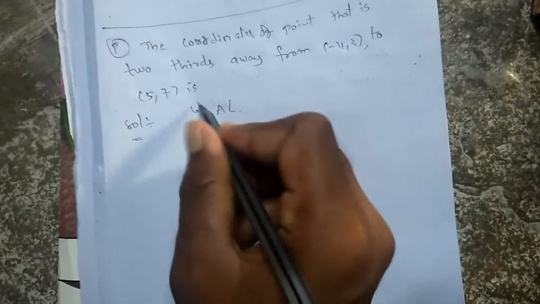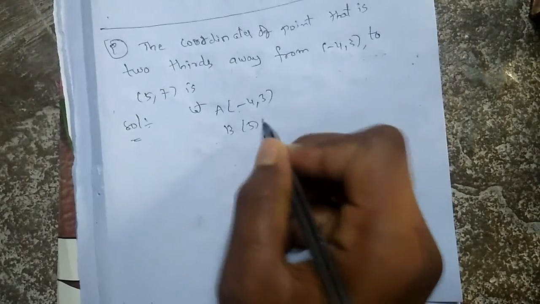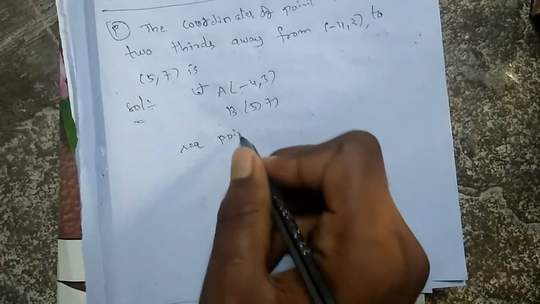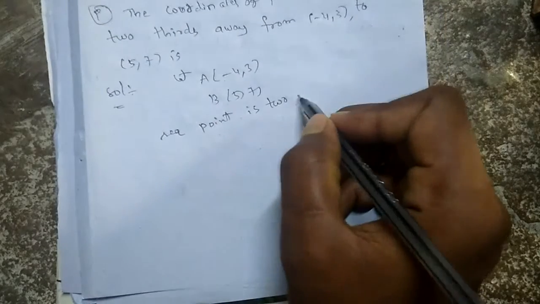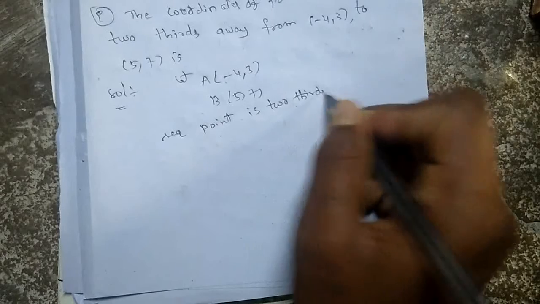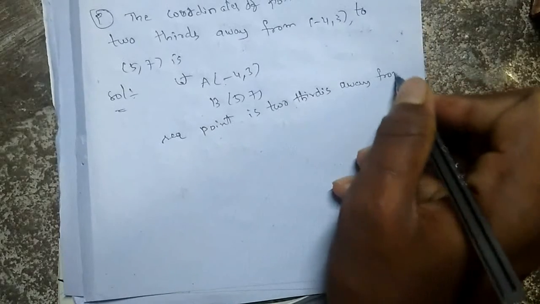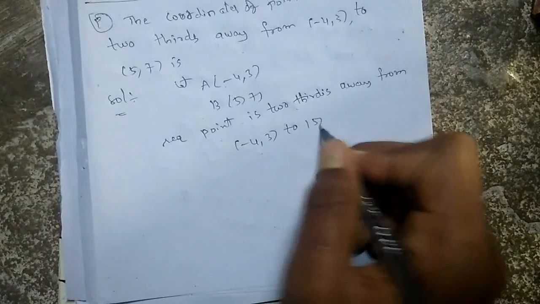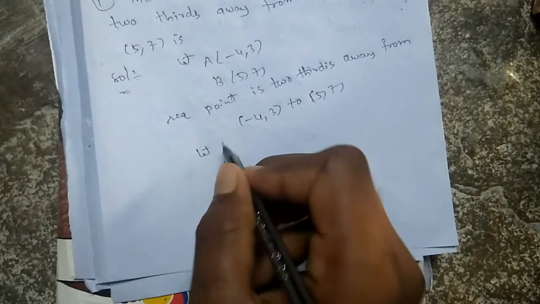Here let A be (-4, 3) and B be (5, 7). The required point is 2/3 of the way from (-4, 3) to (5, 7).